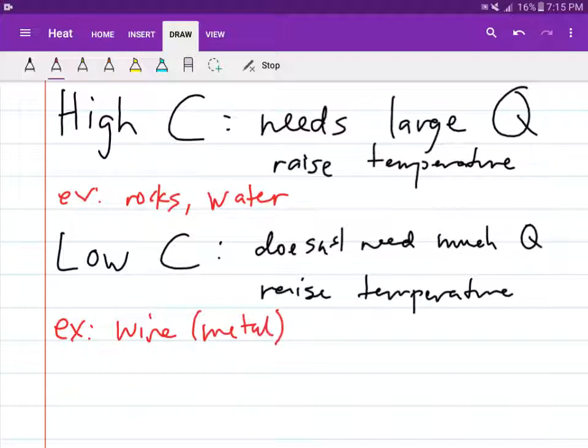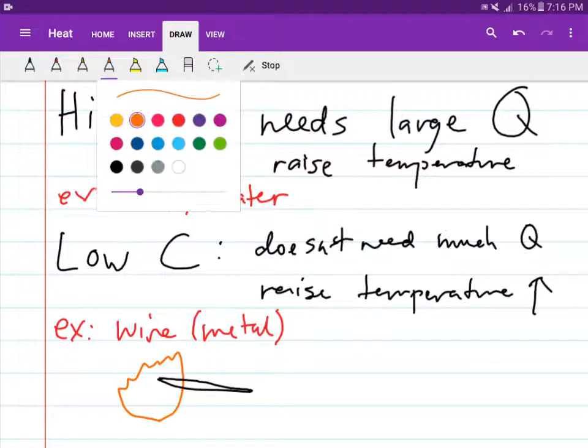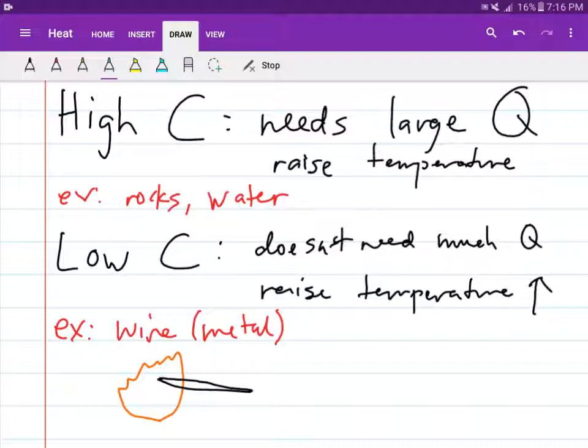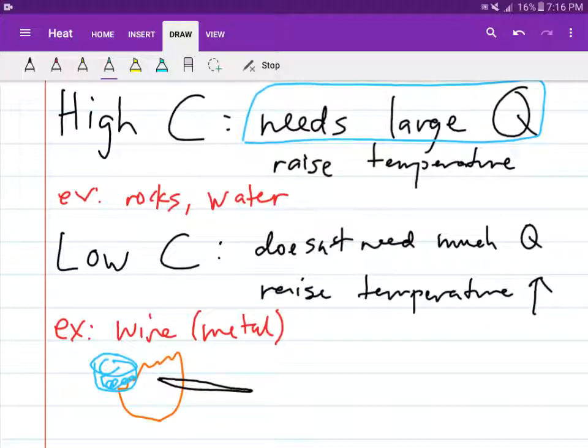So when you put a metal wire in, for example, a flame, the metal wire will experience a very high rise in temperature without needing that much Q. Whereas if you put, say, water in this flame, so for example, you put the water inside a container, you need a very large amount of heat in order to raise the temperature of that water.